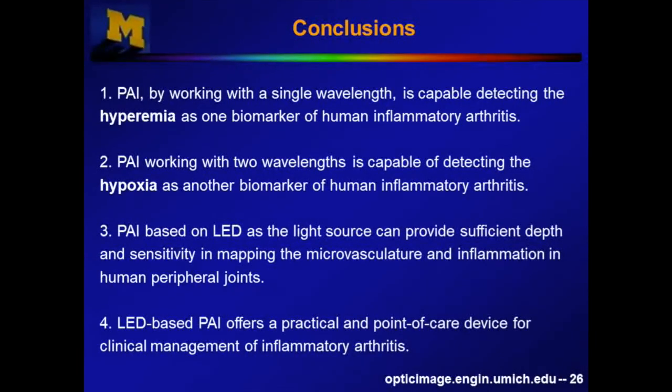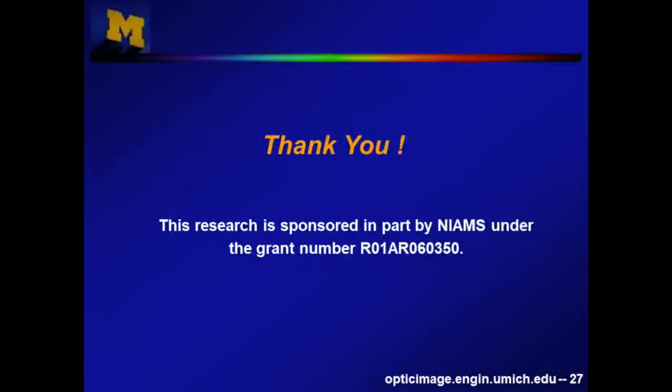Photoacoustic imaging based on LED as the light source can provide sufficient depth and sensitivity in mapping the microvasculature and inflammation in human finger joints. And LED-based photoacoustic imaging offers a practical, point-of-care device for clinical management of inflammatory arthritis. That is all I wanted to present. Thank you very much.